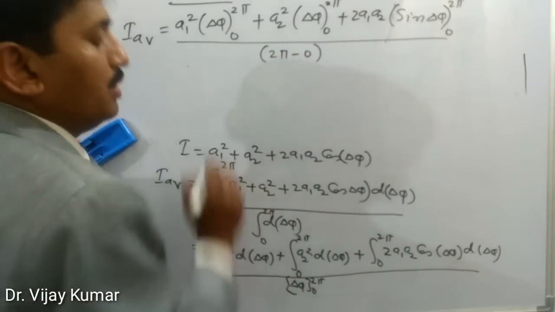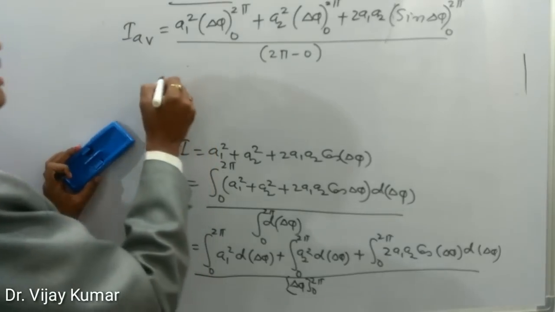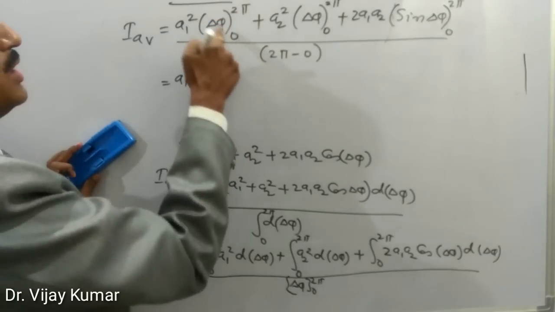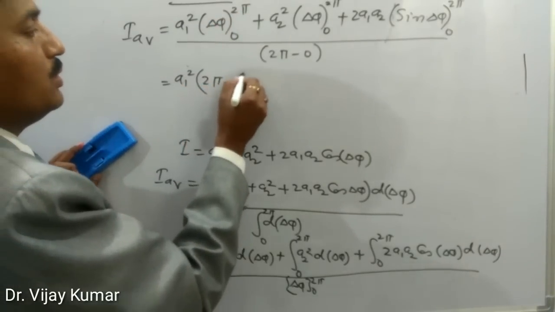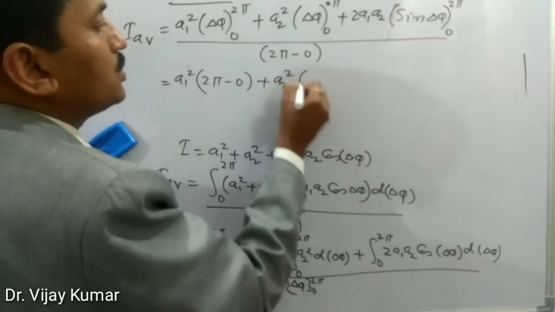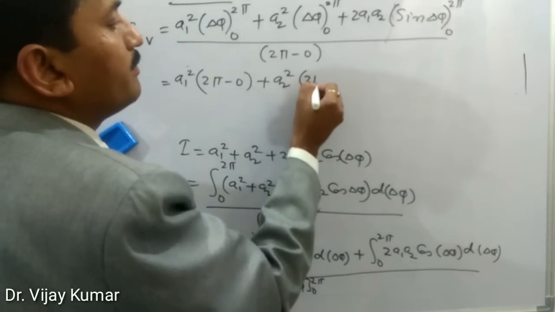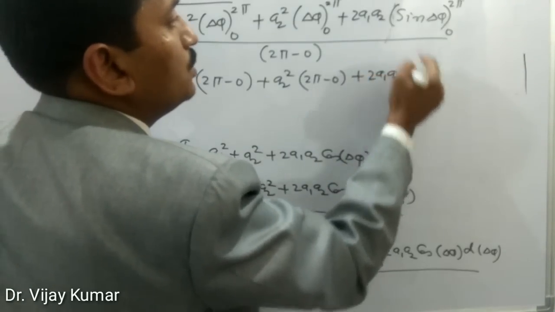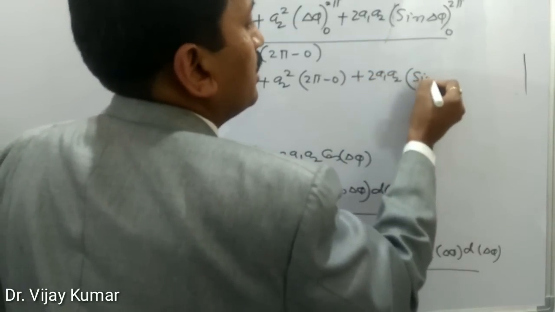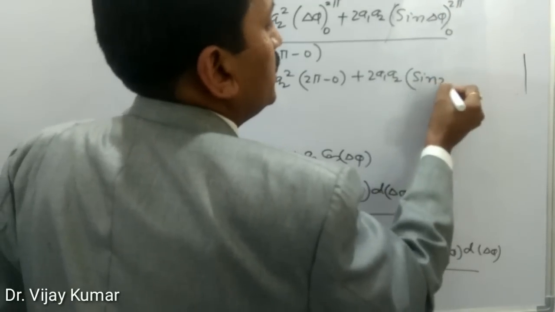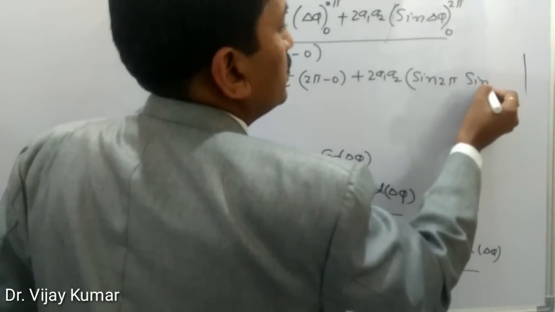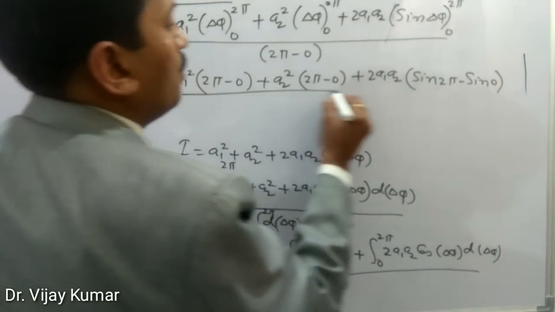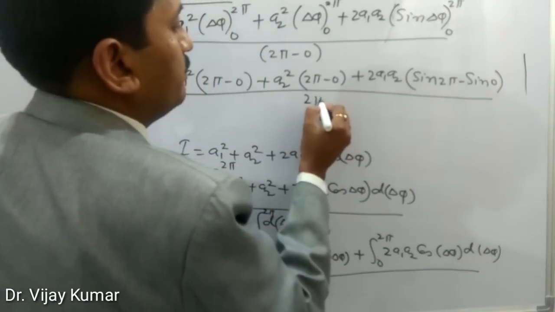It becomes a1 square times upper limit minus lower limit, 2 pi minus 0, plus a2 square times 2 pi minus 0, plus 2a1a2 times sine 2 pi minus sine 0, upon 2 pi.